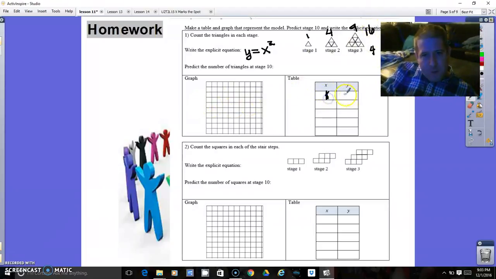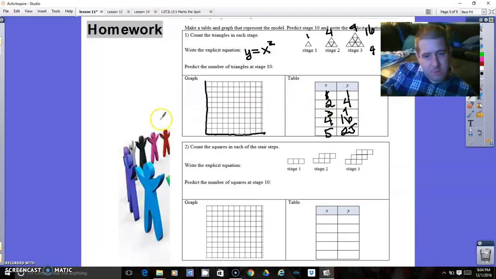All right, so I've got this. The first term is 1, the second term is 4, the third term is 9, the fourth term is 16, and that means the 5th term would be 25. And then I can graph those numbers over here. Now, in order for these numbers to fit, I'm going to have to once again make these increments. So I would go by 2s: 2, 4, 6, 8, 10, 12, 14, 16, 18, 20. So that way I can at least fit the first 4 numbers.